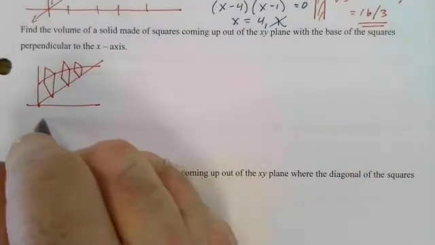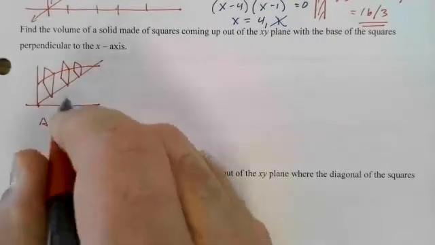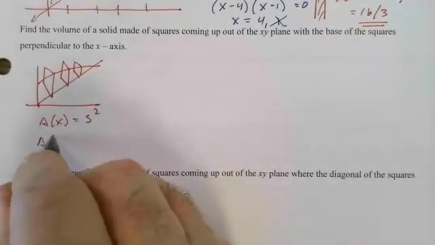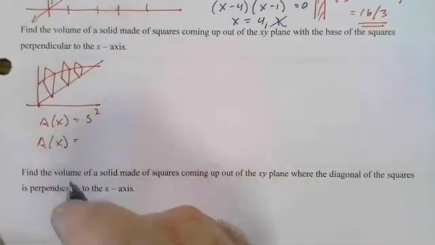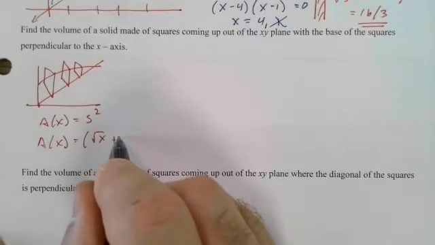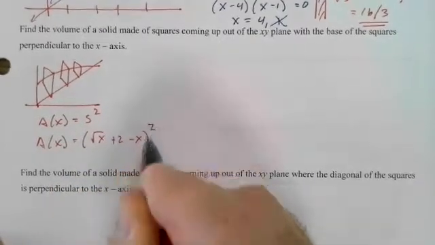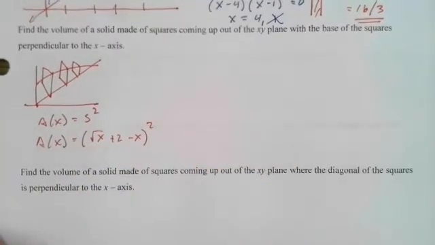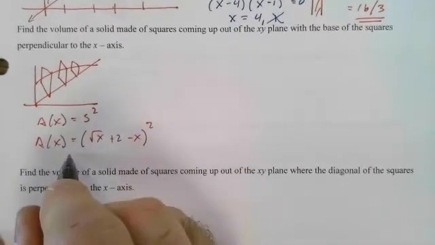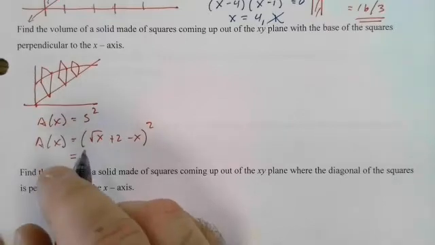I do know that the area of these squares is just the side squared, and I do know that the side is the top minus the bottom. So root x plus 2 minus x, squared. That's nice. Now, it's kind of a mess to FOIL this out, so I'm just going to do it very quickly based on work I've done before.